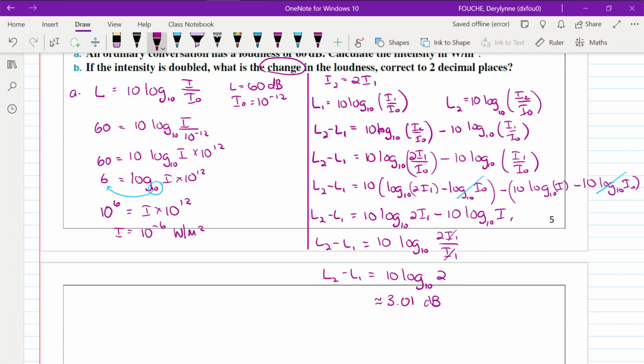All I'm interested in there is the difference, the change. So I guess that would have gone from 60 decibels to 63.01. But in this case here, I'm actually dealing with no numbers. So if you ever got an exam question where there were no numbers, you could actually work without them. Okay, so therefore, the loudness increases by 3.01 decibels.